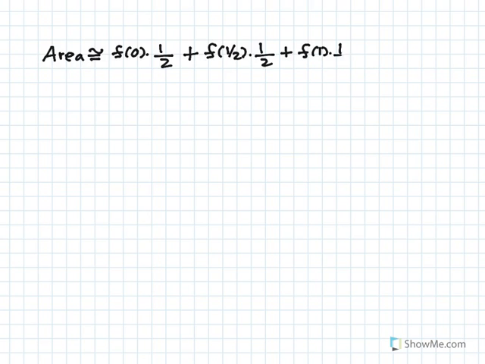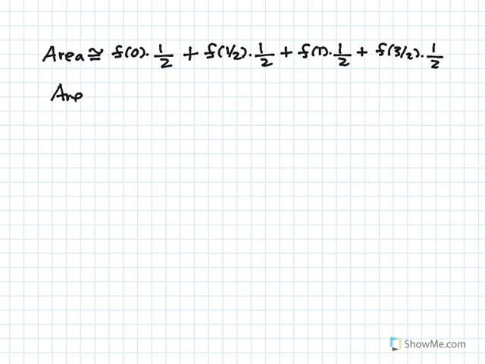Now, for the left-hand rule, we evaluate the function at the left endpoint of every rectangle. So let's add up these rectangles. Area is approximately equal to f of 0 times 1/2 plus f of 1/2 times 1/2 plus f of 1 times 1/2 plus f of 3/2 times 1/2.